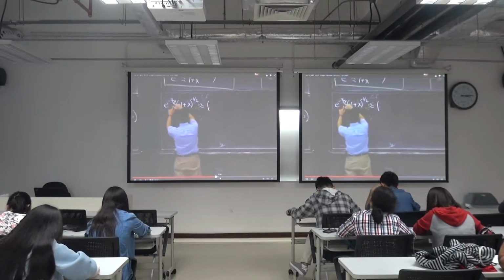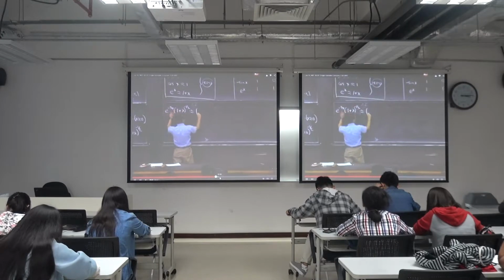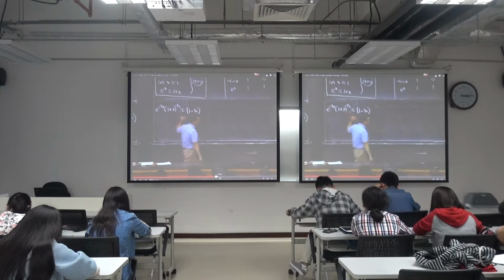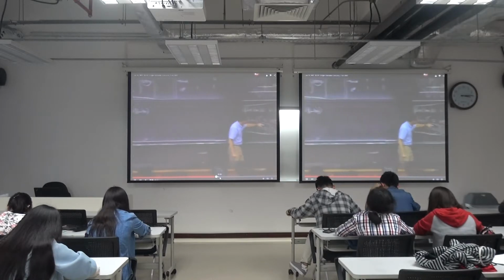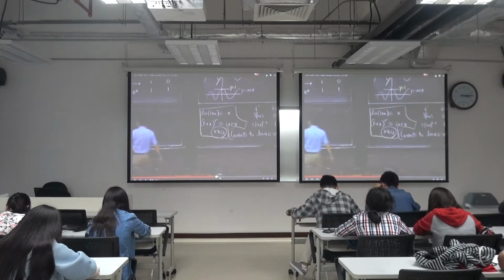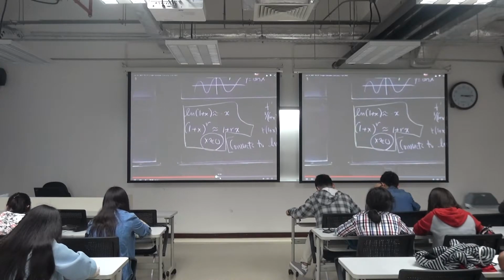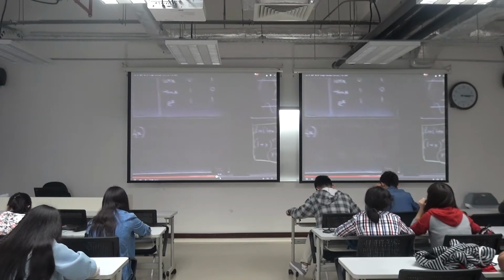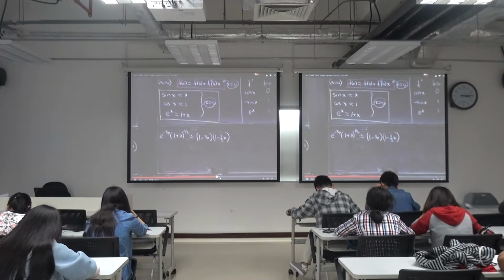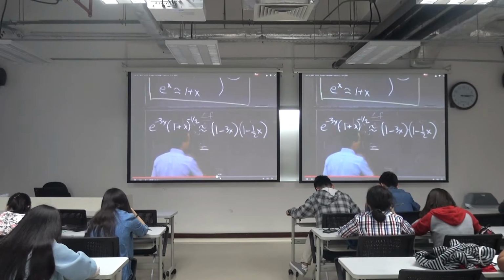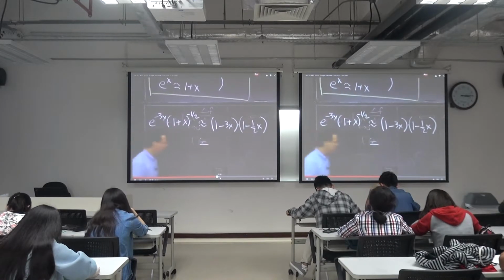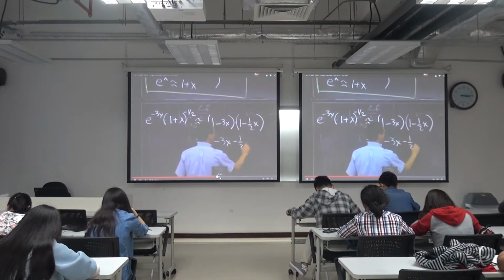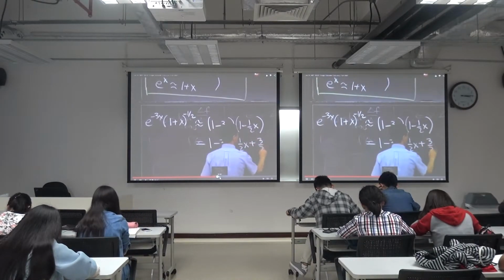I have to use it correctly. x is replaced by minus 3x, so this is 1 minus 3x. And then over here, I can just copy verbatim the other approximation formula with r equals minus a half. So this is times 1 minus a half x. All right? And now, I'm going to carry out the multiplication. So this is 1 minus 3x minus a half x plus 3 halves x squared.